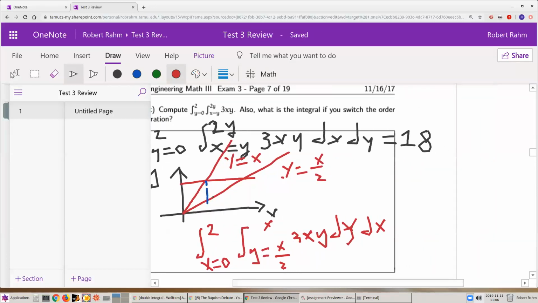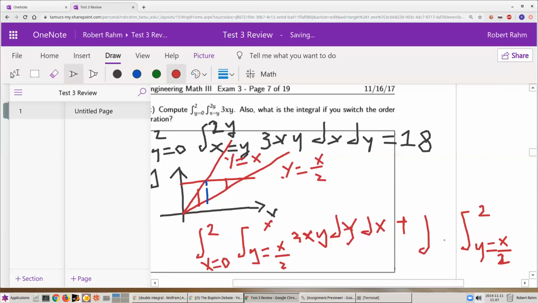Now for the next integral, the y limits are going to go from x over 2, this line, to this line. Over here it went from x over 2 to x. Now it's going to go from x over 2 to 2. So the y integral is going to go from x over 2 to 2.